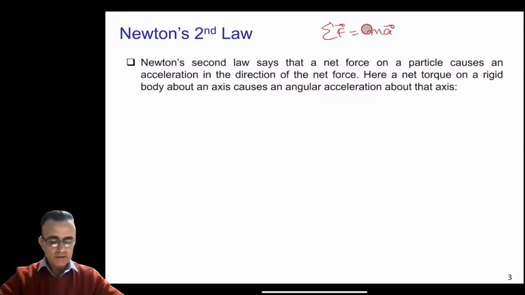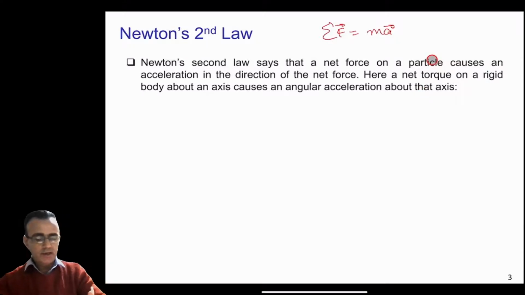Now the same idea can be applied to angular motion. In this case, we will say that the net torque on a rigid body about an axis causes an angular acceleration about that axis.